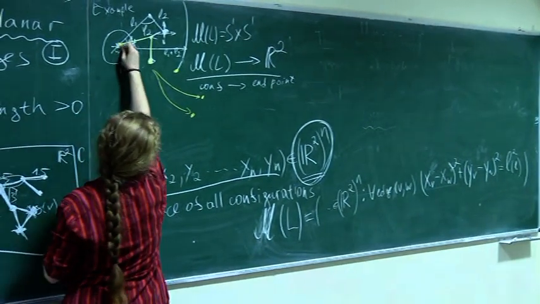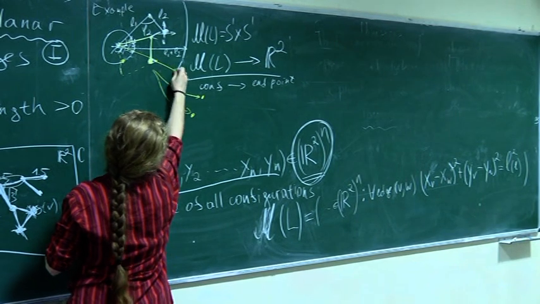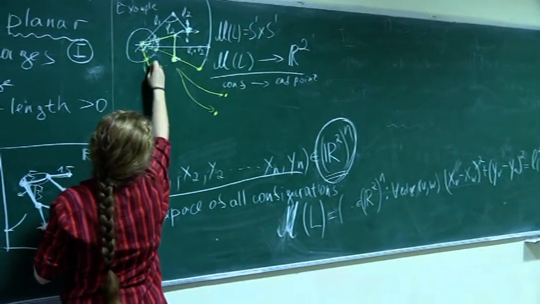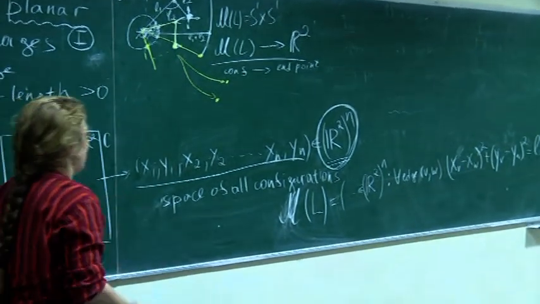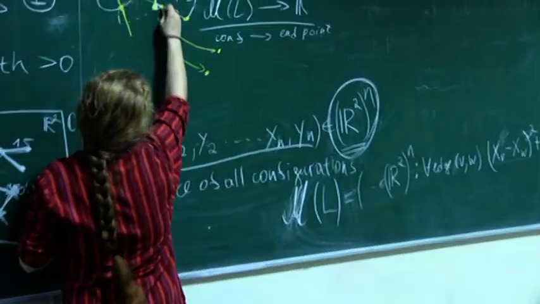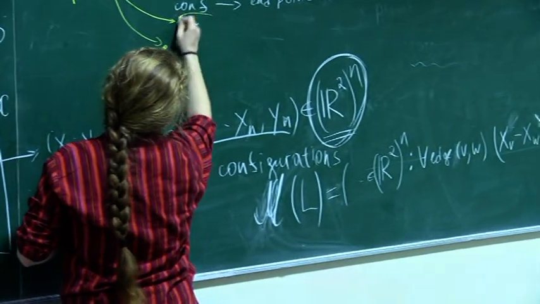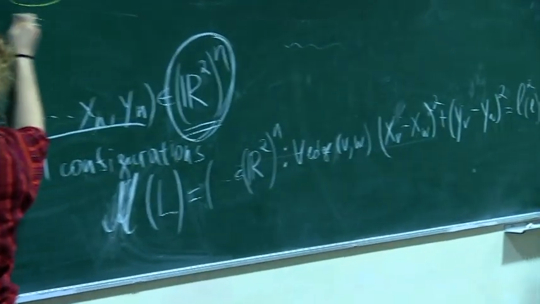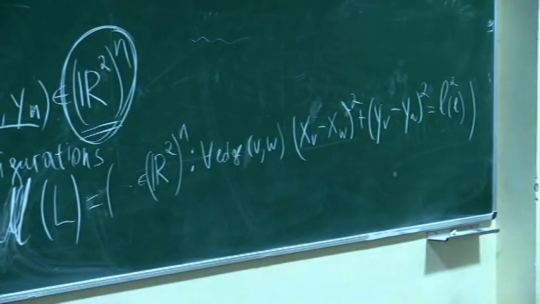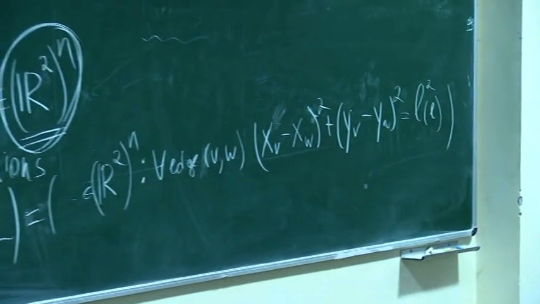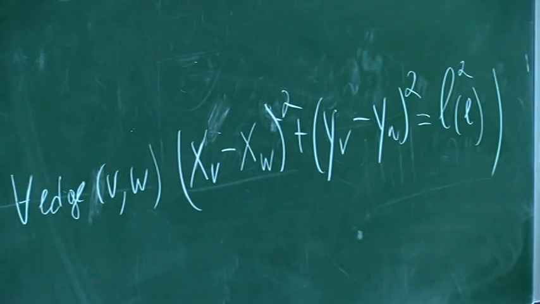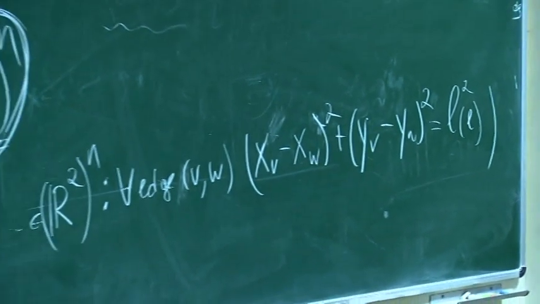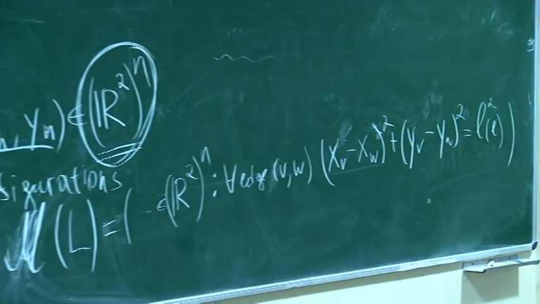Because here we have an aligned configuration like this, and here we have another aligned configuration like this. And if we try to mirror them, then nothing changes. So we have 2 copies of an annulus that are glued along their boundaries. Yes. So this is how this map works.